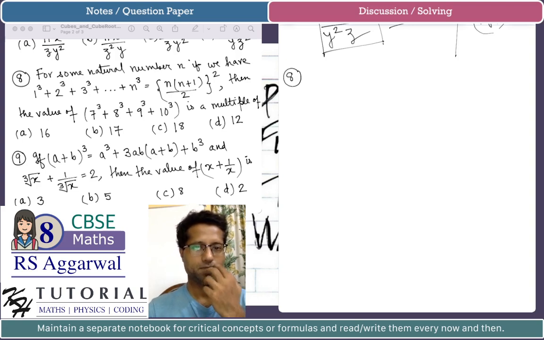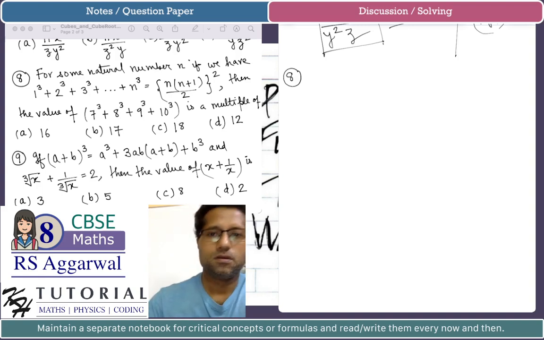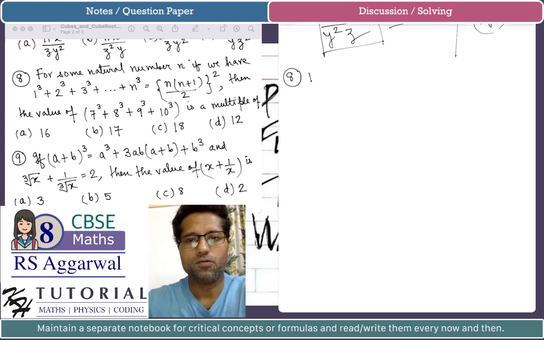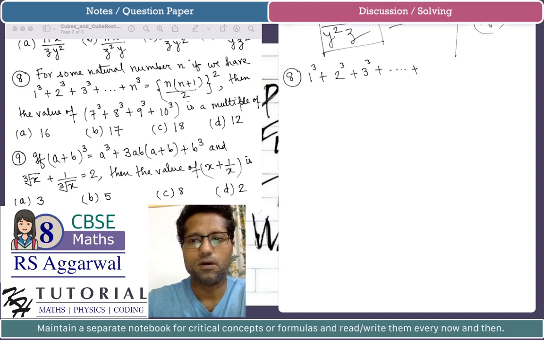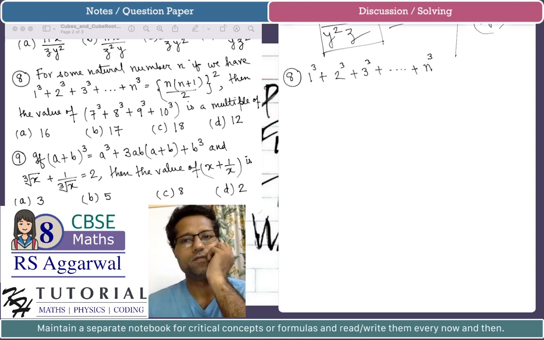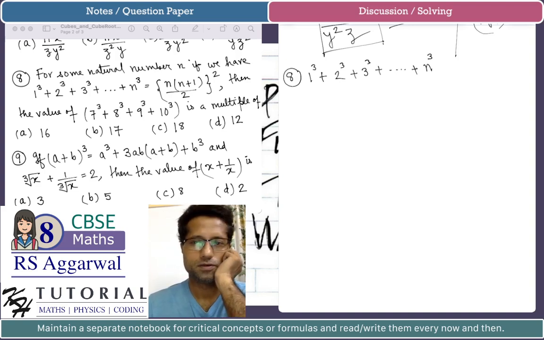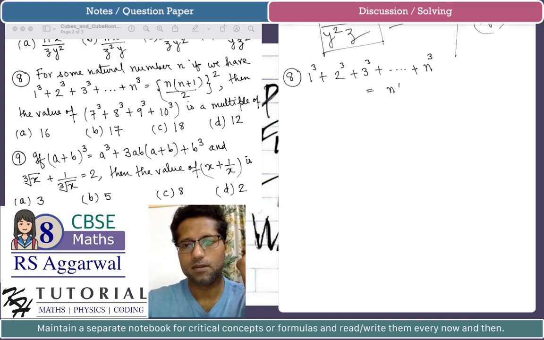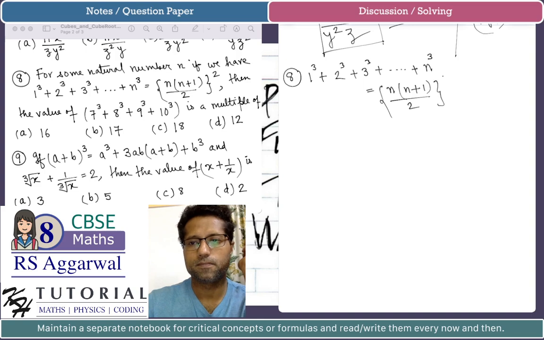okay. So a formula is given: 1 cube plus 2 cube plus 3 cube up to n cube, that is the sum of cubes of the first n natural numbers, is equal to n multiplied by n plus 1 by 2, and this whole square.